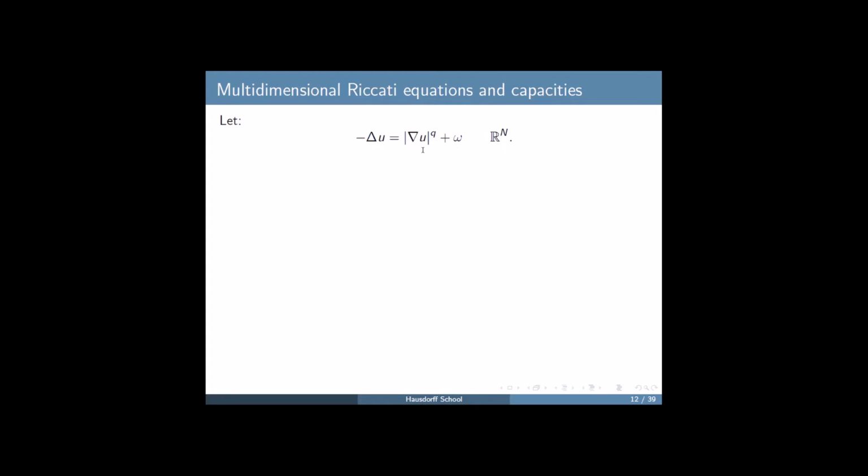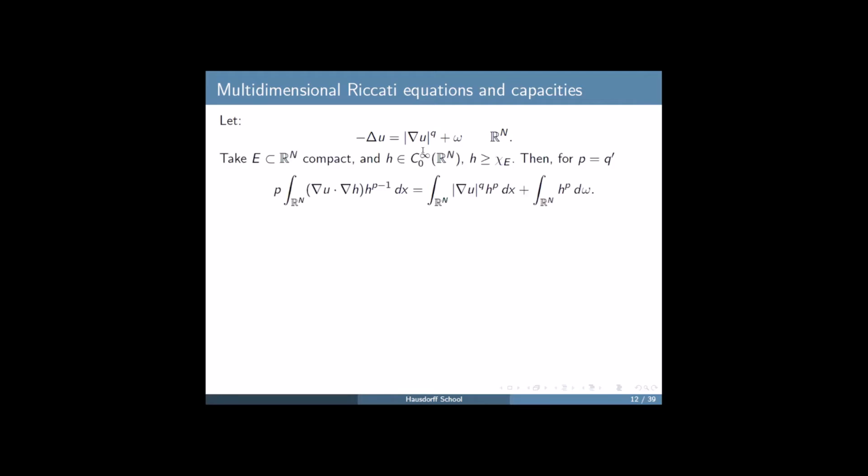Let's see now a necessary condition for existence of solutions, which is related to the Riesz capacity. In order to motivate the relation between existence of solutions and capacities, we are going to do some little calculations. Suppose that you take a compact set E in Rn and a smooth, compactly supported function h which is greater or equal than the characteristic function of the set E.